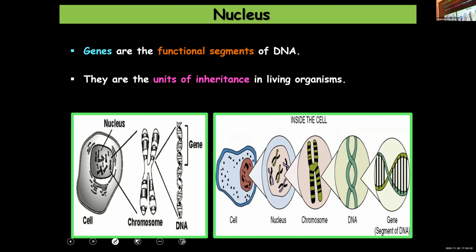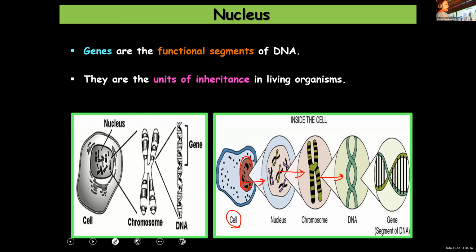In the first figure you can see a cell, and in the cell the part shaded in brown color is the nucleus. In the next figure you can see an enlarged view of the nucleus. Inside the nucleus you can find chromosomes. These chromosomes are again magnified, and upon magnification you can find they are made up of DNA, a double helical structure.